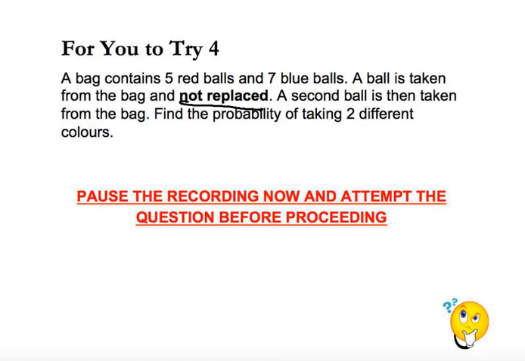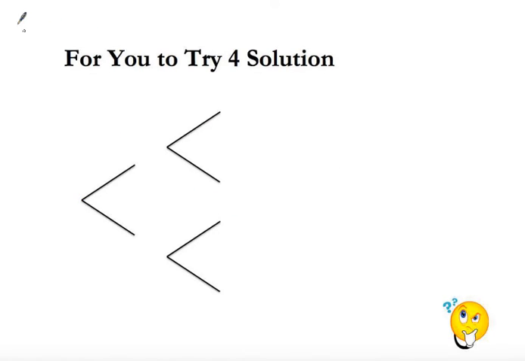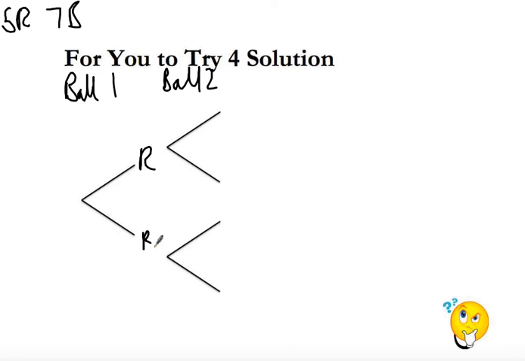Okay, so let's look at the answer. We had 5 reds, 7 blues. So on each branch we're going to have ball 1 and ball 2. So they're the 2 things, one after the other. We can pick first of all a red and a blue. And again, the second balls we can still pick a red and a blue.